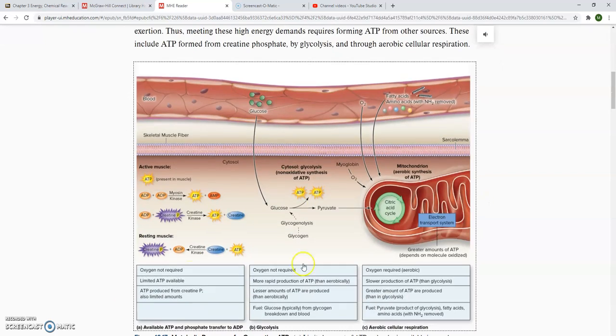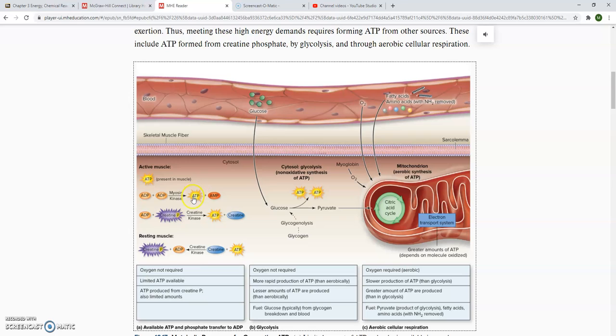So if we go back to our picture again, we have an enzyme in our skeletal muscle cells called myokinase. And what that enzyme does is it'll take any ADP and it will catalyze the chemical reaction where the phosphate of one is broken off and added to the other ADP molecule here.